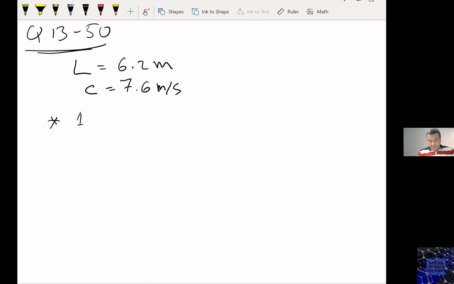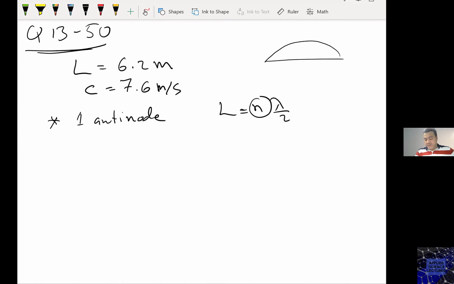If we have one antinode, this means I have the fundamental frequency, and then n is 1. So L equals lambda over 2.